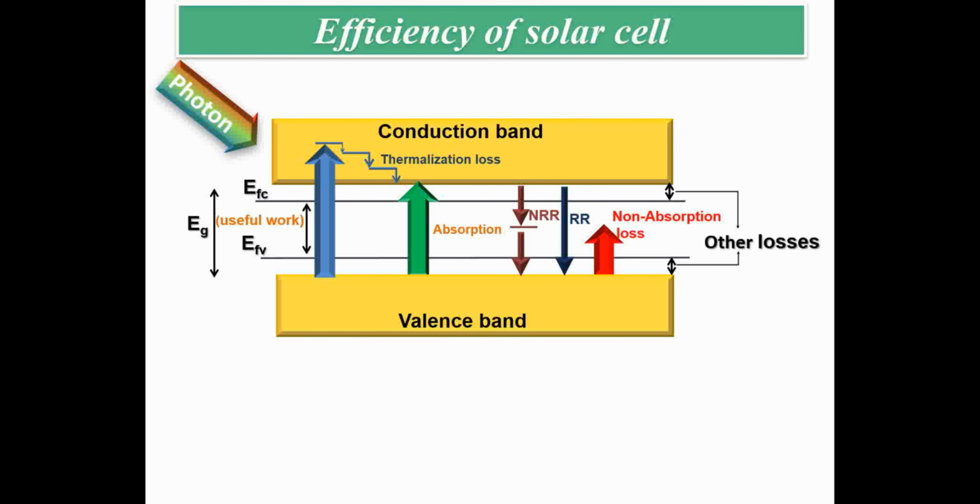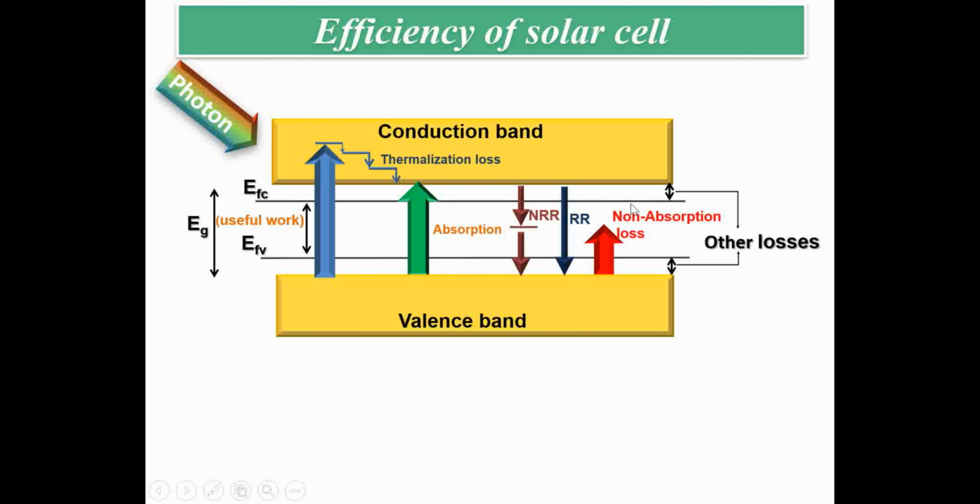This is an intrinsic loss, so it cannot be avoided. Radiative recombination loss will always take place, depending upon the temperature of the device. So that is emission loss. And then there is non-radiative recombination loss.